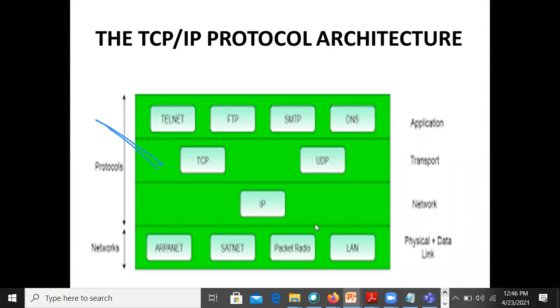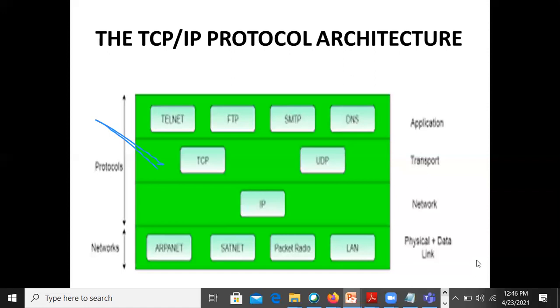All those operations will be done at the physical plus data link layer. The data link layer performs the data operations, like error control information, flow control information, and some additional information that I add.